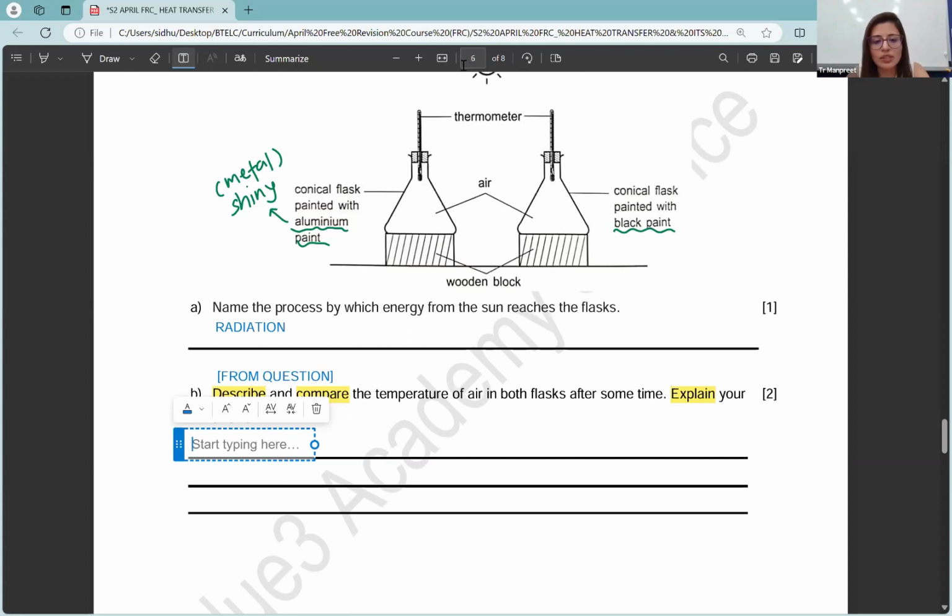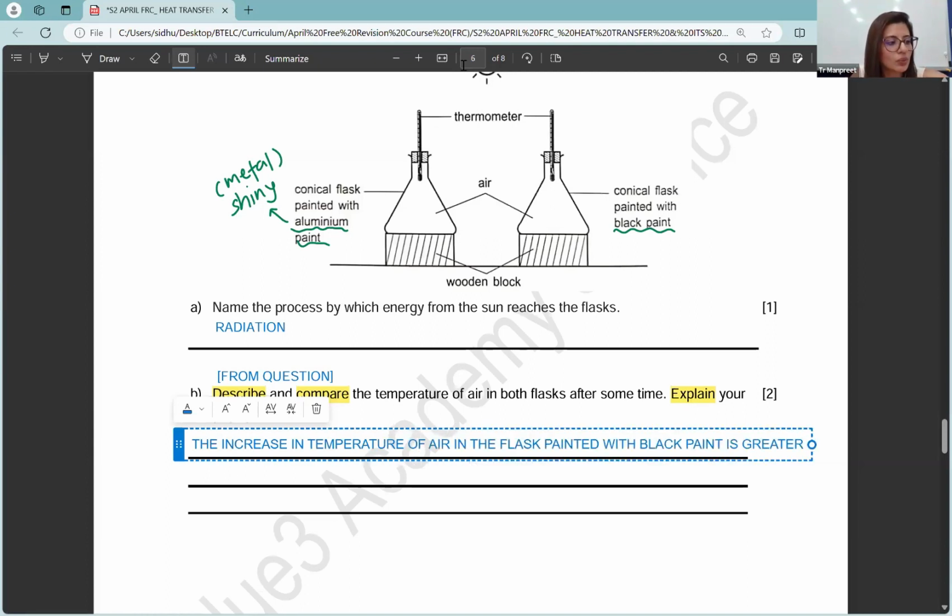Okay, so I know that the increase in temperature of air in the flask painted with your black paint is greater.